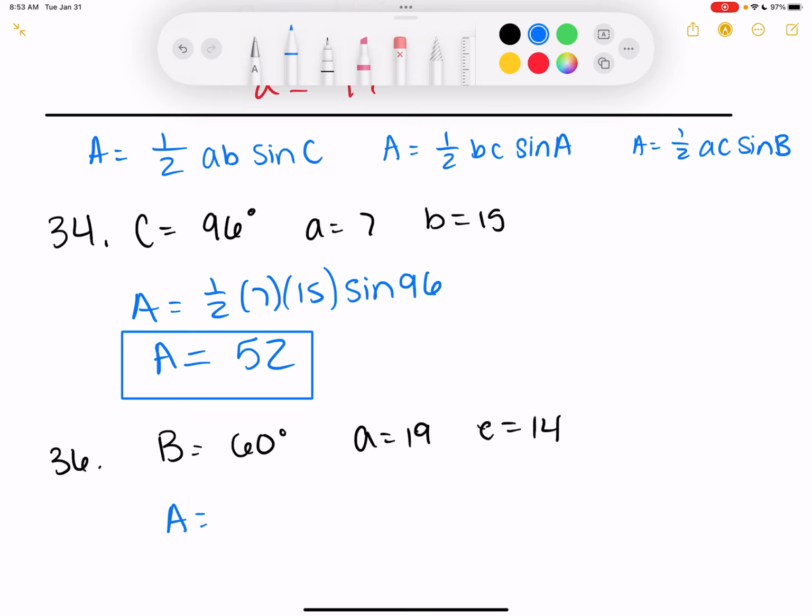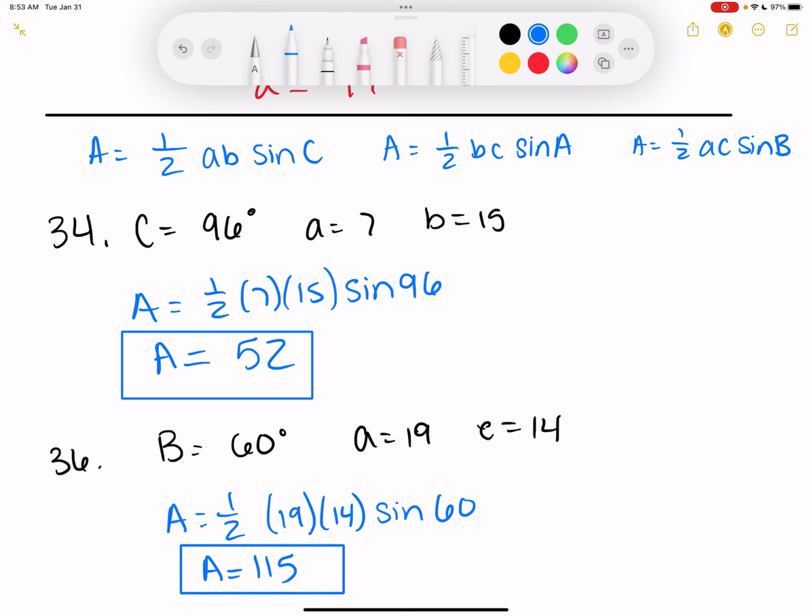Alright, so area is 1/2 times 19 times 14 times the sine of 60. 115.